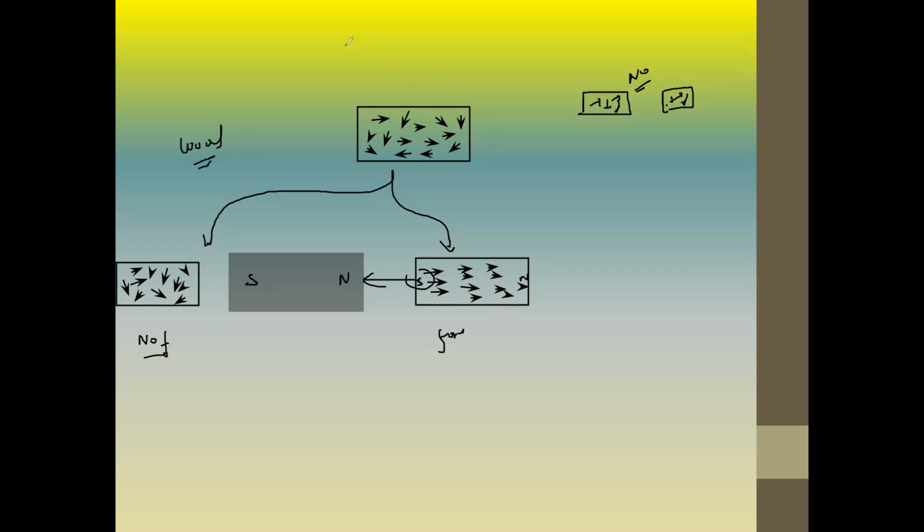You can understand the concept of magnetism like this. If this is a class, before a teacher enters the class, the students are random. Once the teacher enters the class, all the students will be aligned, so that will be a magnetic material.